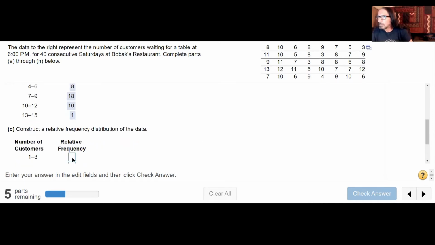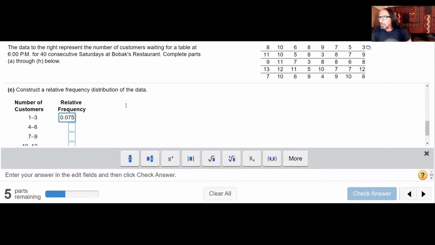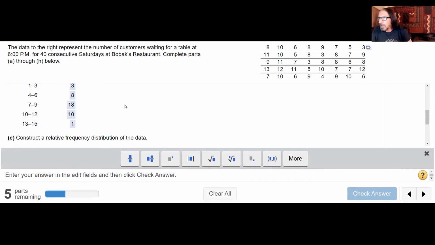For example, that first frequency for that first class of 1 to 3, if that had been 3 divided by 4, we would have had 0.75, but 3 divided by 40, it's moved it over to 0.075.